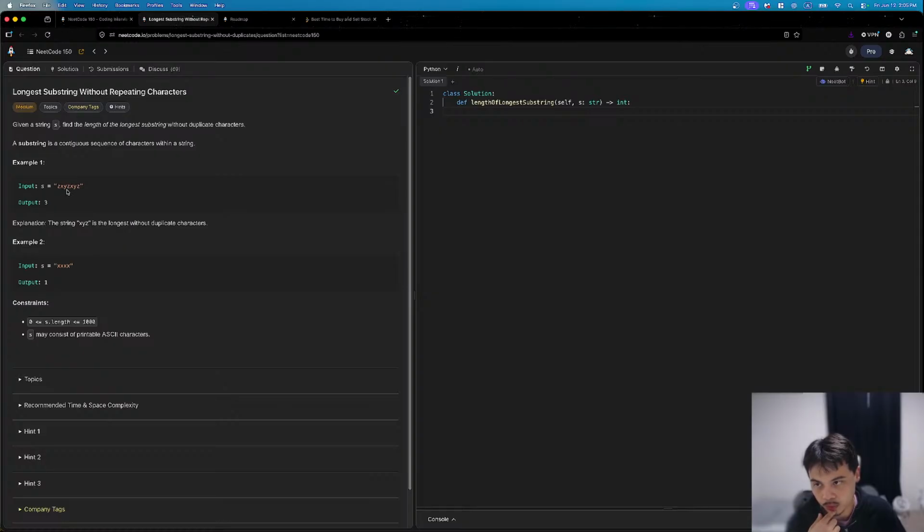So when we see Z again, what would be helpful to know is not only that Z exists, but also where. Because if we know where the last Z existed, we can slide our window, shrink our window from the left, past that index.